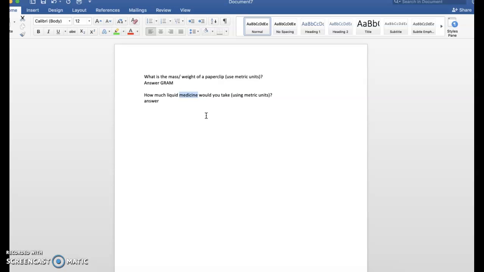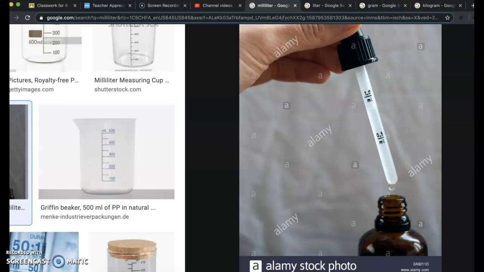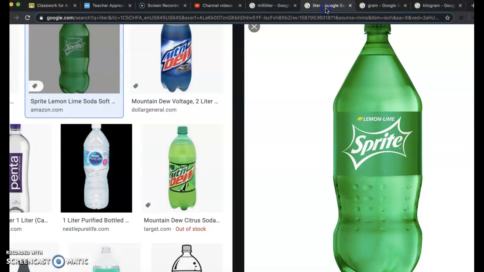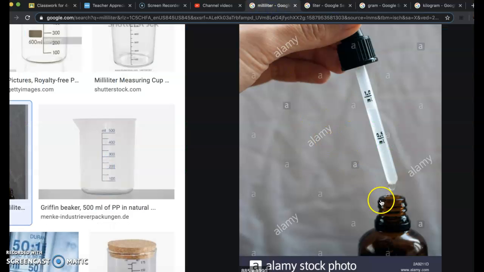Is it a liter, which looks like that? Does he give you a bottle so large that it could potentially take up your entire torso, your whole stomach area? Or does he give you something similar to this? A little dropper with a tiny little medicine bottle about the size of the palm of your hand, maybe your whole hand. Which one is it?